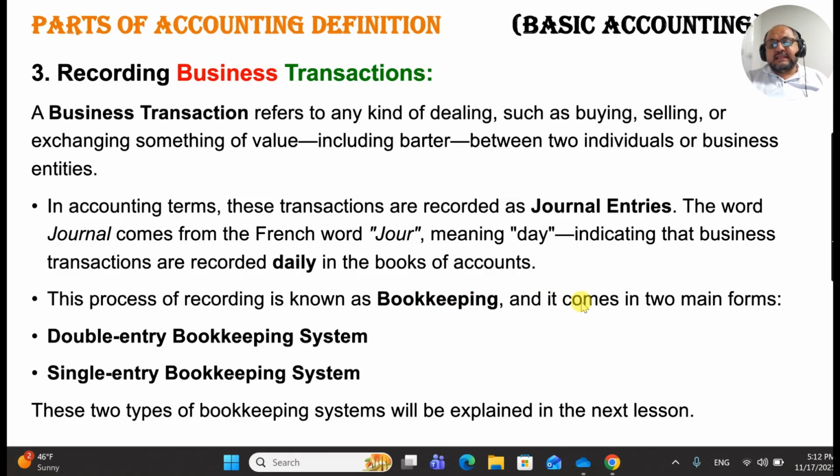It comes in two main forms: the double entry bookkeeping system, which includes the debit and credit columns, and the single entry bookkeeping system.